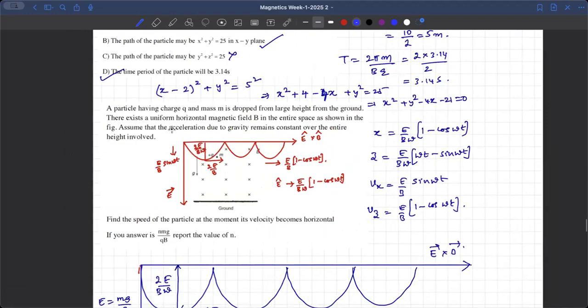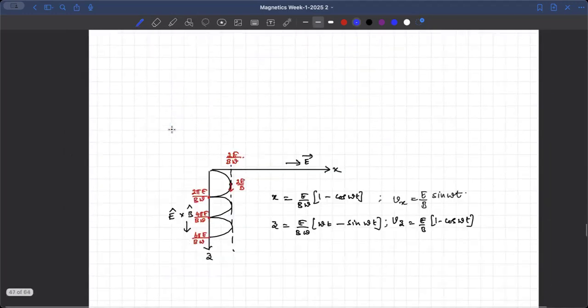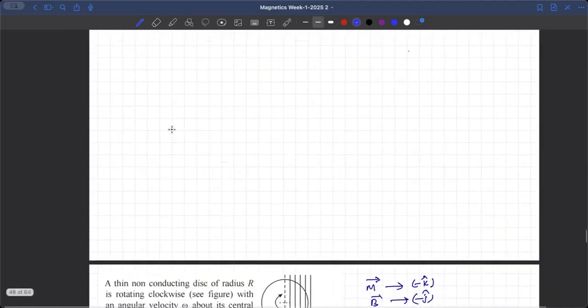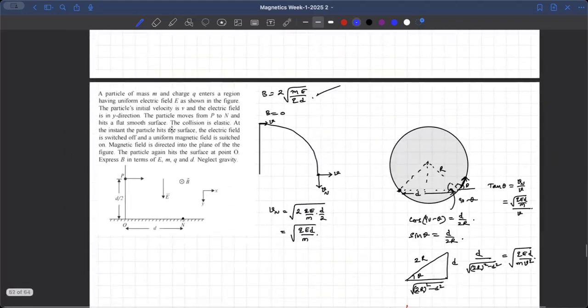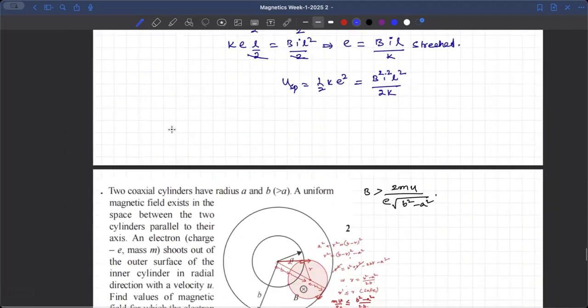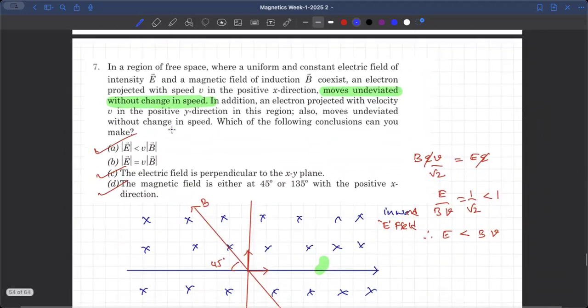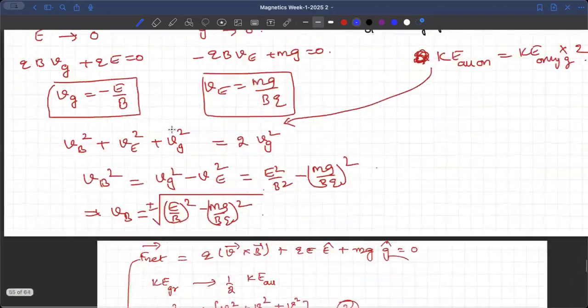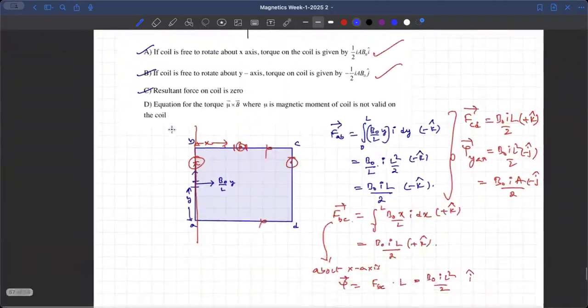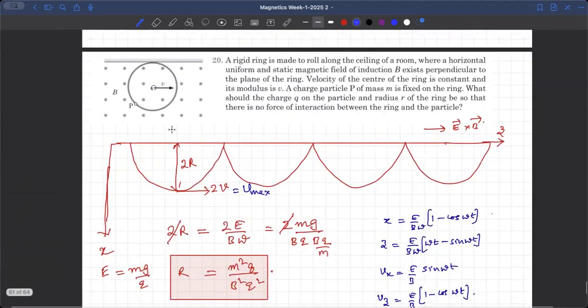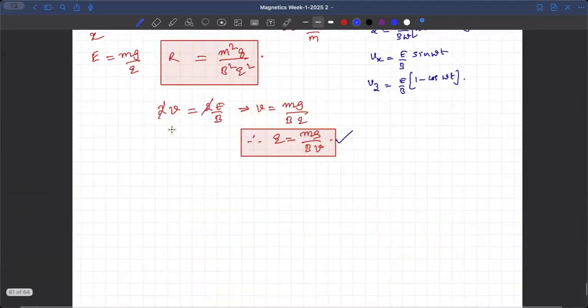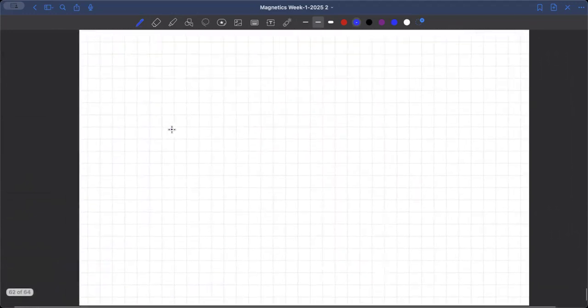This is the question which I would like to discuss, and I think there is a fresh entry for me. This is the question, and followed by it there is one more question related to the same.